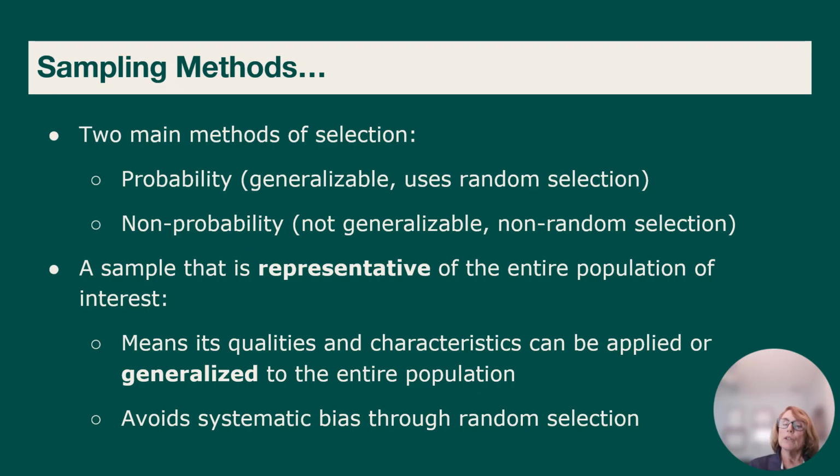But that's not to say that there isn't a case for non-probability sampling. For example, you may do purposive judgment sampling. Perhaps the phenomenon that you're interested in studying does not widely exist in the population. It's very difficult to find people like that, so you wouldn't necessarily be able to take a random sample of some population.